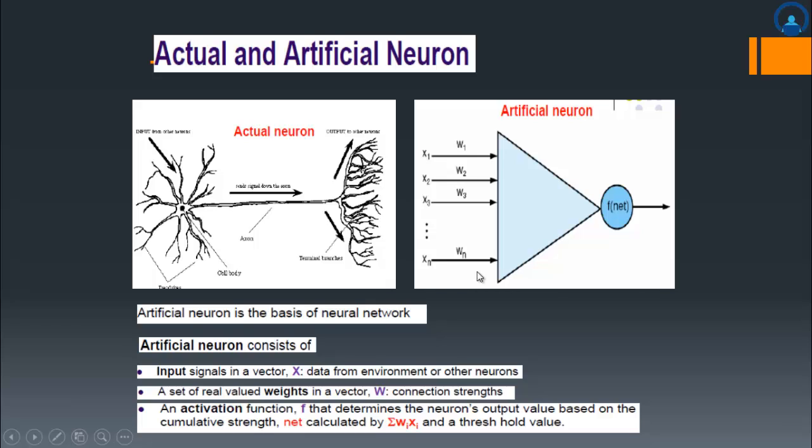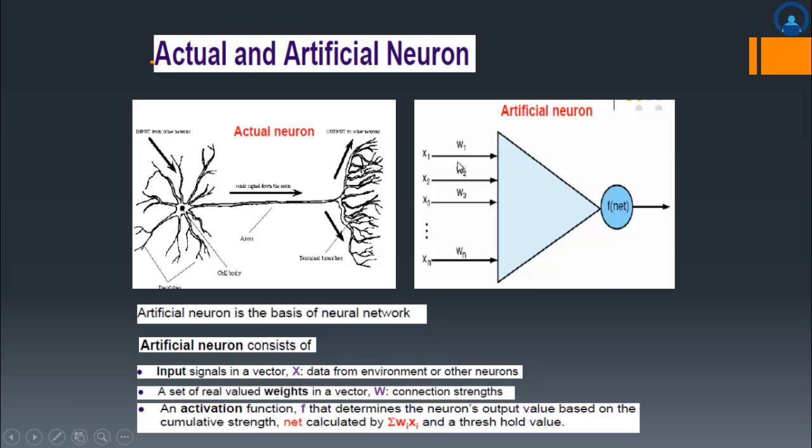The weights are used to describe the connection strengths, and as we see shortly, the strengths of bias links. And the activation level is the summation of wi xi. That triangular shape is your activation level, which does the summation of wi xi, the multiplication of w into x.